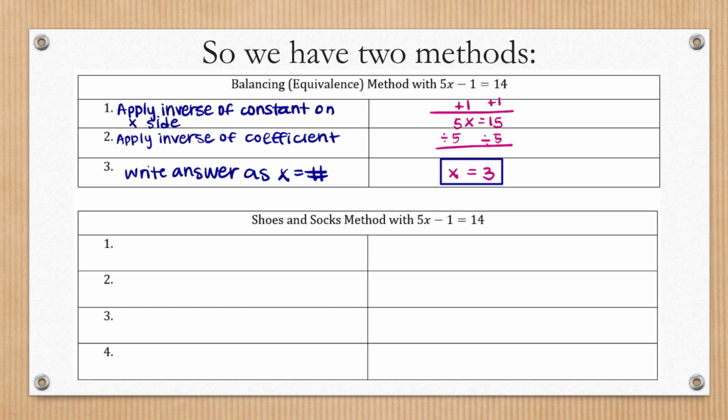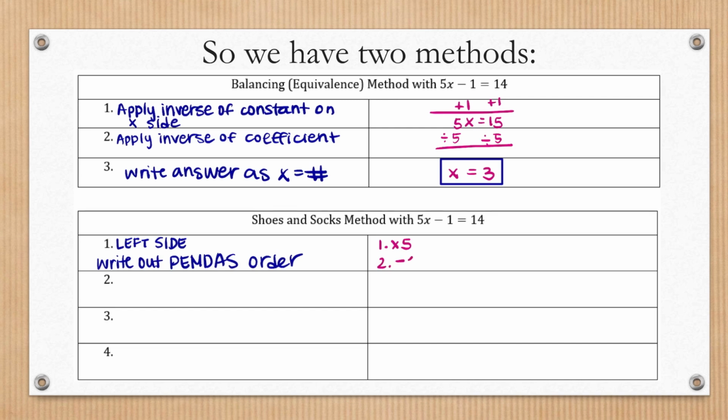The shoes and socks method, first you're going to, on the left side, write out PEMDAS order. So we said first you would multiply by 5, and I'm just going to write it like this.